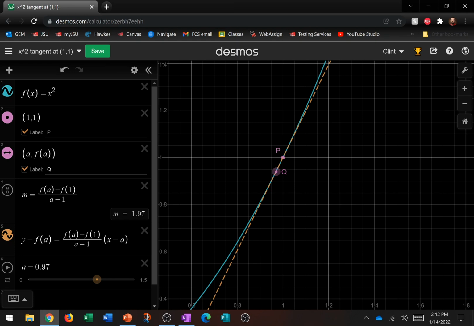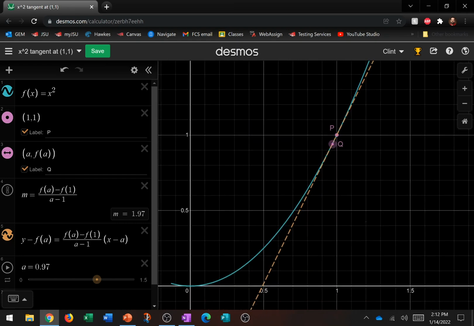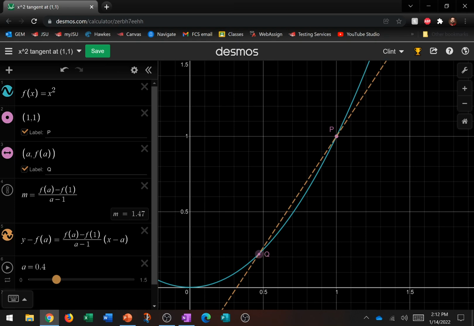So let me back it off a little bit again and then watch that. When Q is over here somewhere, I know that's kind of small, right now the slope of our secant line is like 1.28.